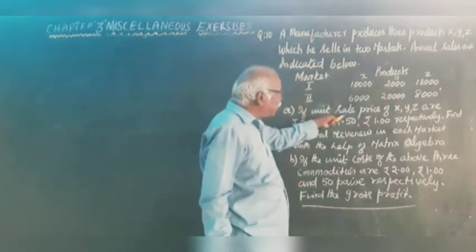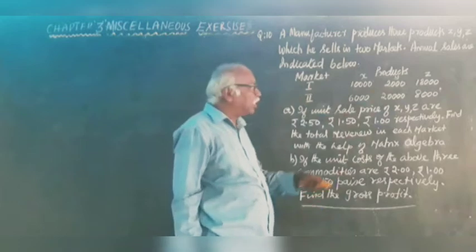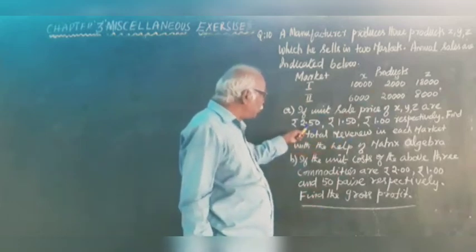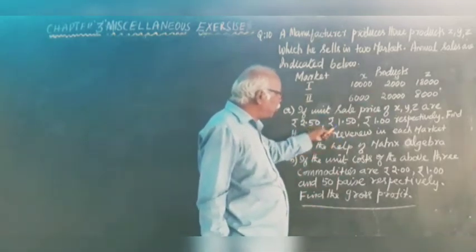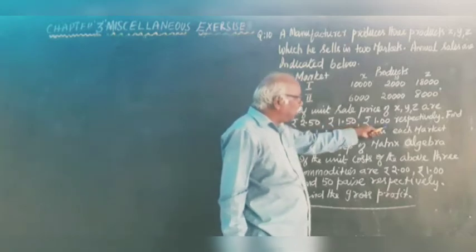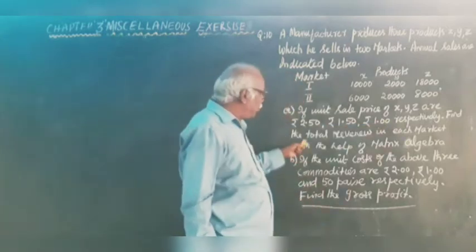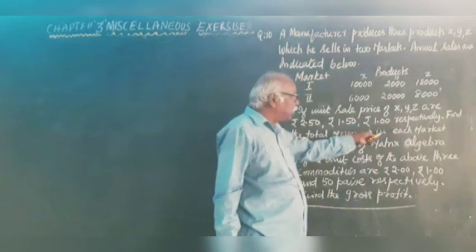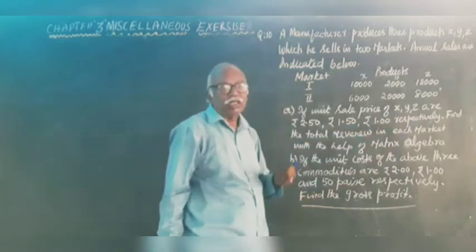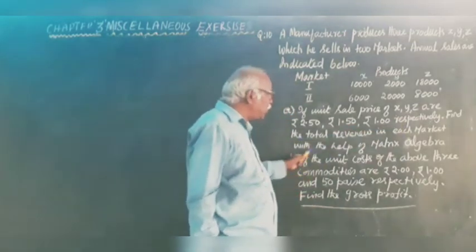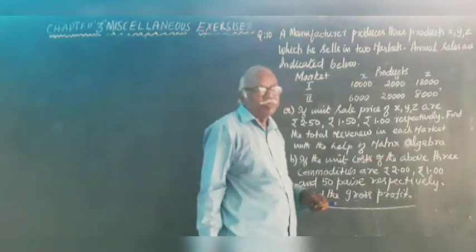If the unit sale prices of X, Y, Z are rupees 2.50, rupees 1.50, rupee 1 respectively, find the total revenue in each market with the help of matrix algebra.